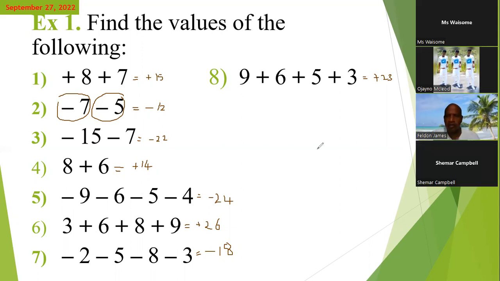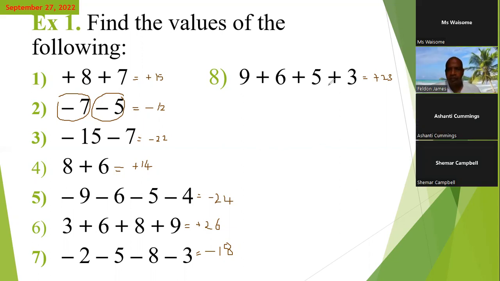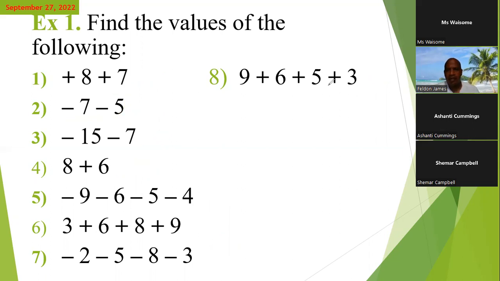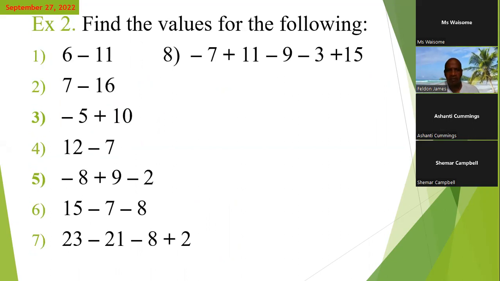Who got two? All right, good job, guys. So we have some more to practice now. Here we have some more, so we're going to try these now, quickly. Go ahead and do these again, guys.